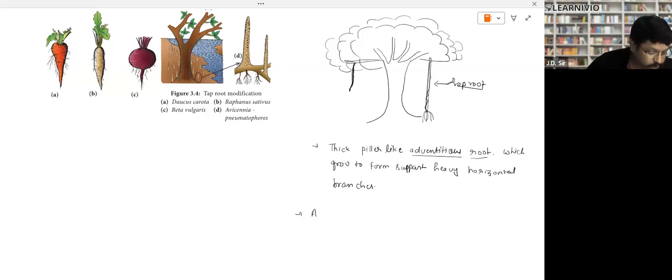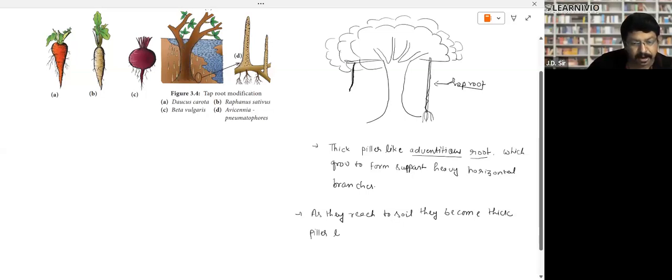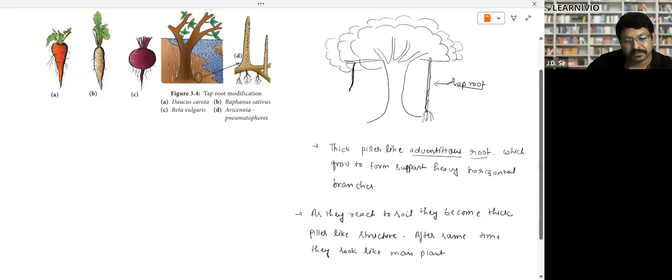As they reach the soil, they become thick, pillar-like structure, and after some time they look like the main plant stem or main tree stem, right? So after some time, you won't be able to understand which is the main stem, right?